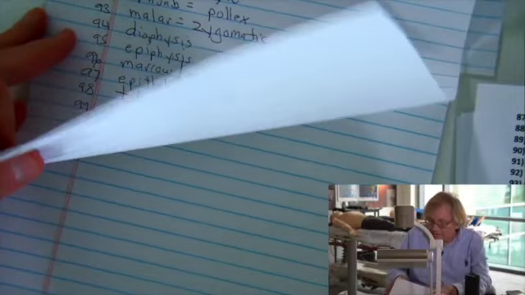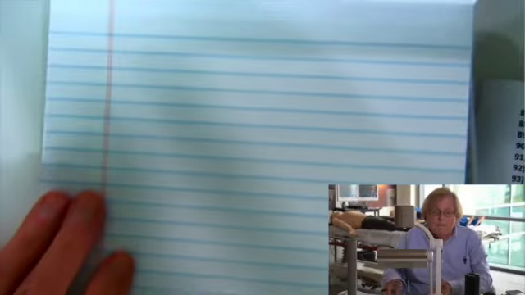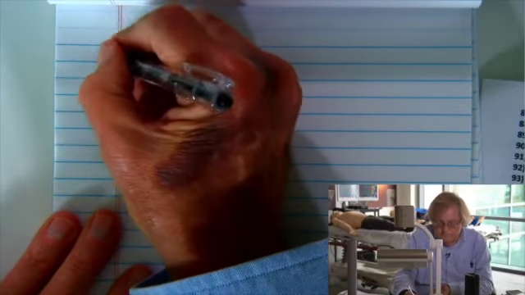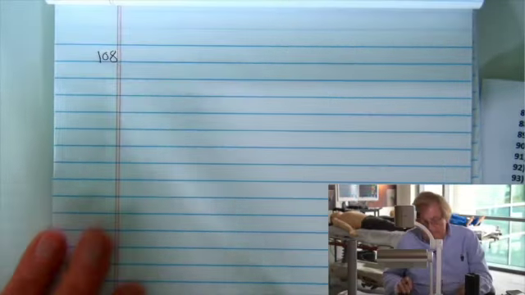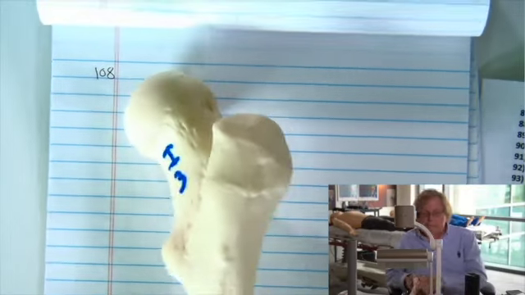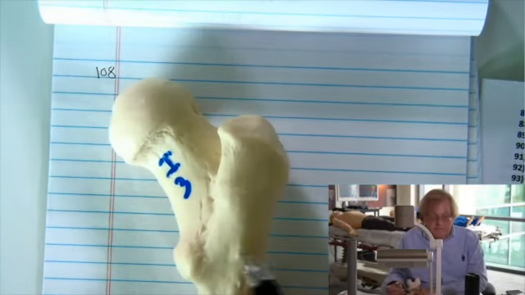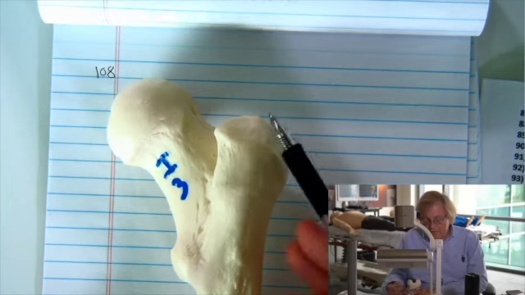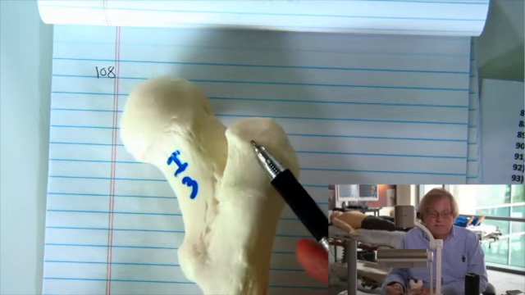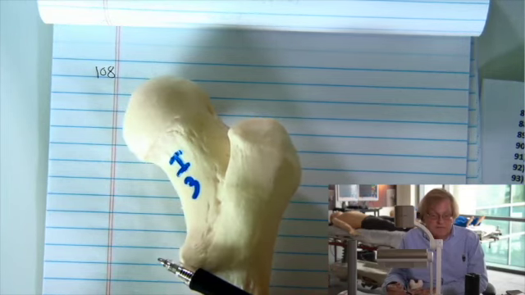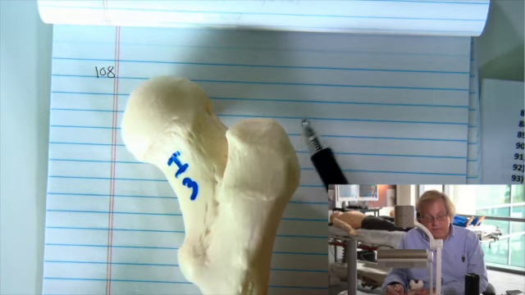Number 108 says large thigh muscle attachers. Again, looking at the femur here, I can see that my thigh muscles are going to attach to these 2 processes. This is the lesser trochanter. This is the greater trochanter.